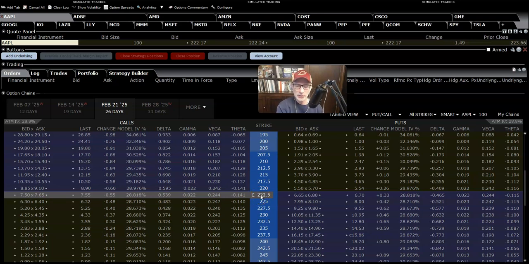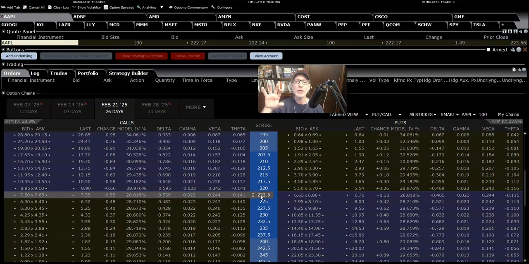Let me double check my calculator. I want to make sure that's right. 222.5 plus 7.6 is $230.10. So at a minimum, if you hold this option all the way to expiration, which is 26 days from now, Apple has to move all the way up to $230.10 just for you to break even.